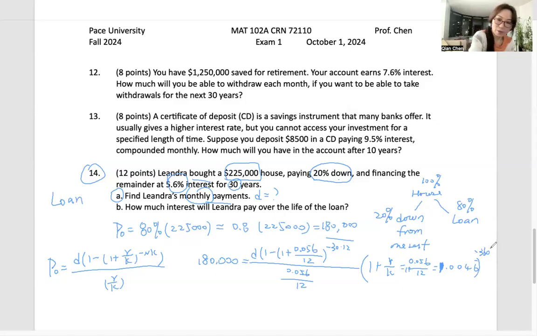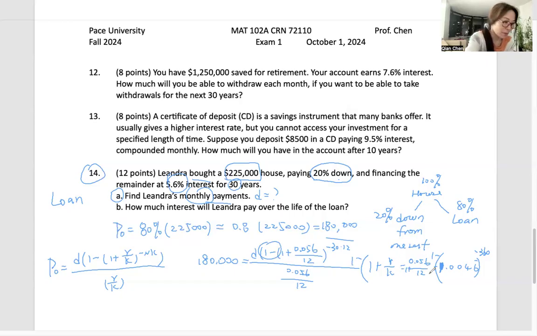So we hit into a calculator 1.004666 raised to negative 360, and we get 0.187108. Then we subtract this number from 1.